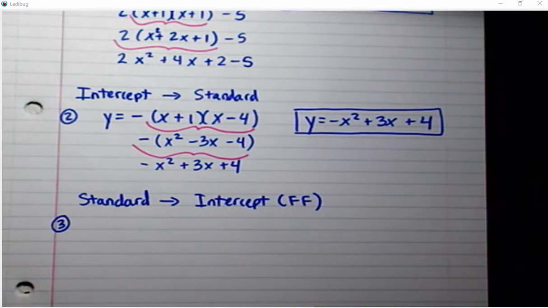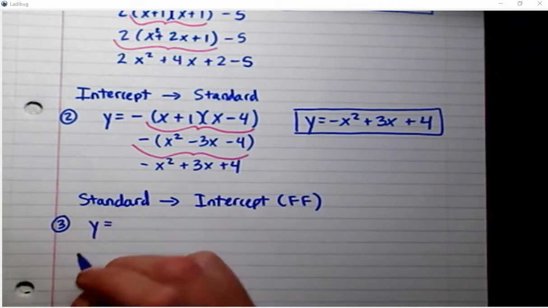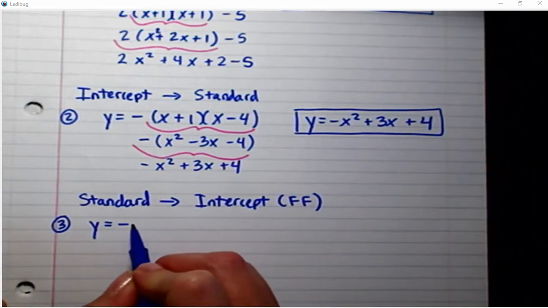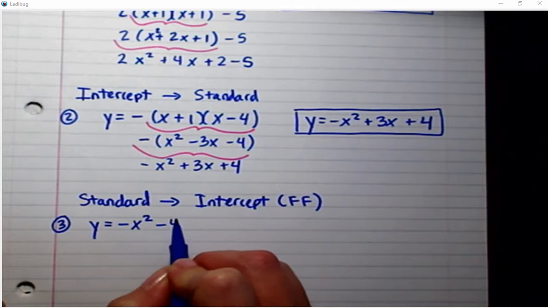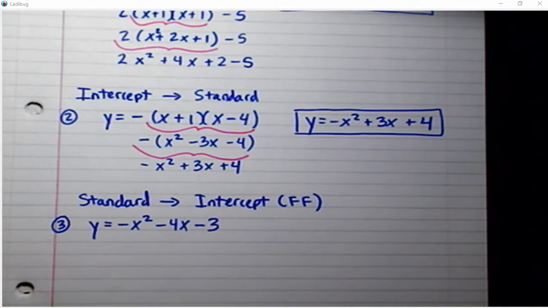Okay, so let's do, oh yeah, I like this one. Okay, y equals negative x squared minus 4x minus 3. Okay, standard to intercept. That means I need to create factors. Okay, so factoring is the skill. We've learned the skills, now we're learning the directions.